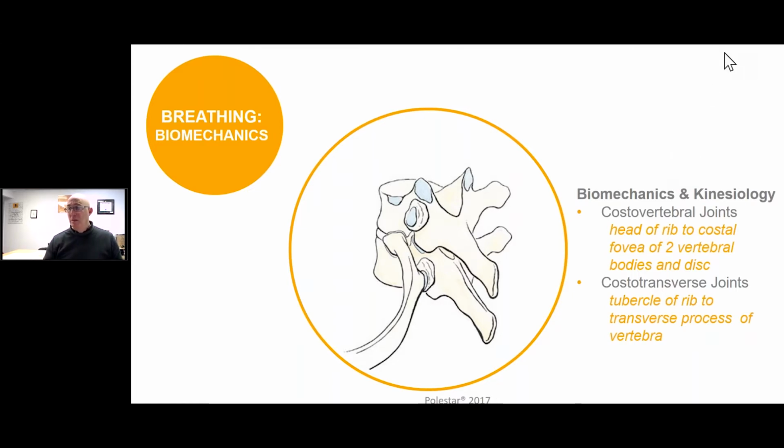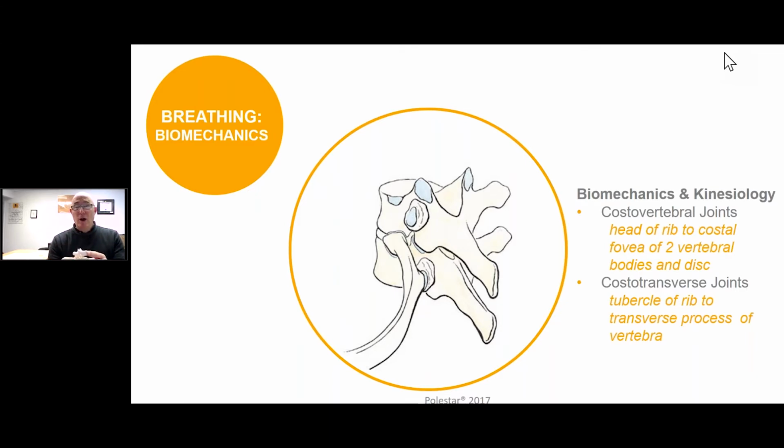So what that means is that as I go into extension with my spine, right? So let's do a little bit of thoracic extension. I go into extension with my spine. That means that the disc is going to move anteriorly, okay? So let's just repeat that. When the spine goes into a little bit of extension, then the disc is going to move anteriorly.